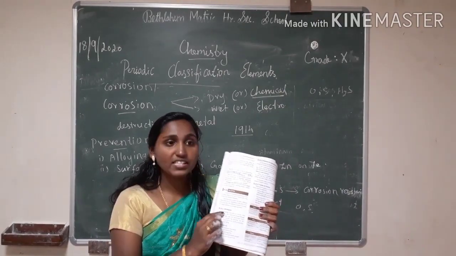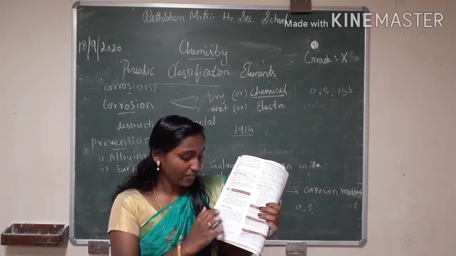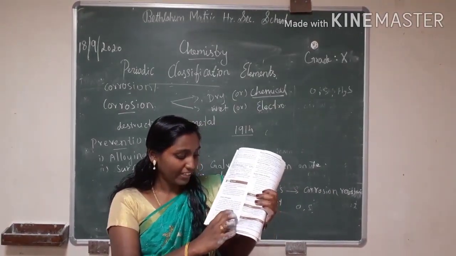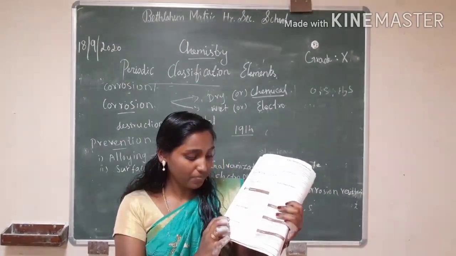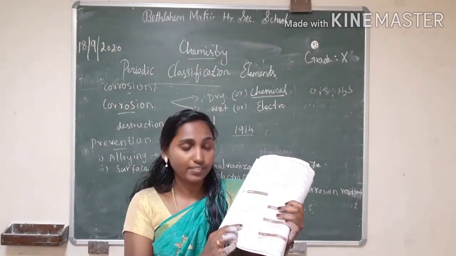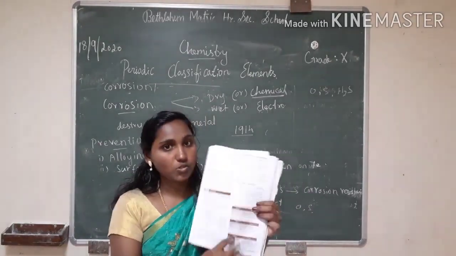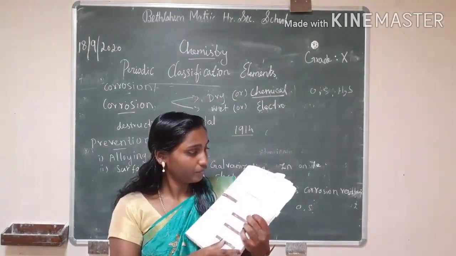Underline the first line: an amalgam is an alloy of mercury with another metal. Then in that paragraph, underline the last line: silver tin amalgam is used for dental filling. One more question. Then study these tables also. They will ask one more question now.